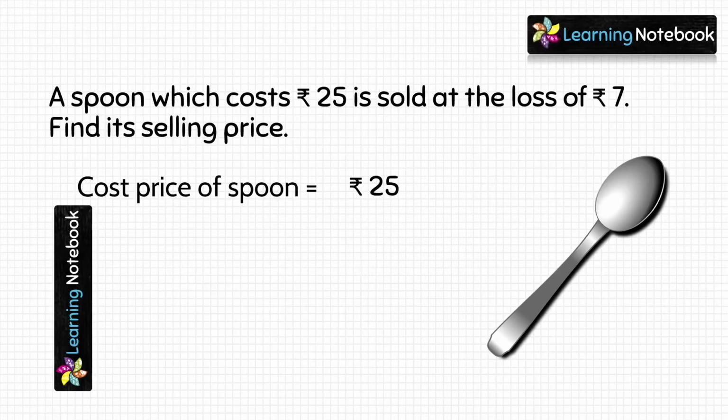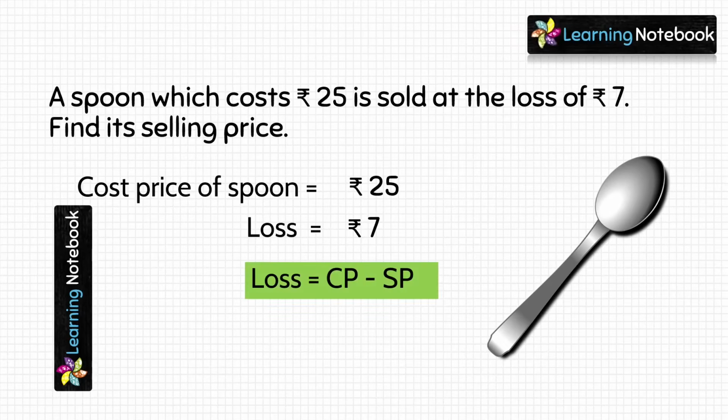Cost price of the spoon is rupees 25 and the loss is given as rupees 7, and we know loss equals to cost price minus selling price. So let's put both these values in this formula and we get 7 equals to 25 minus SP.